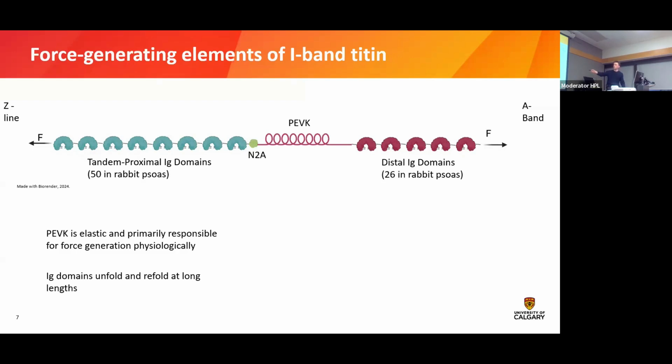These little things there represent a disulfide bond, and that's what is breaking when they're unfolding. So there's a disulfide bond that breaks apart, and that contributes length to Titin. You can think of this as kind of like a spring, and these like clasps that can come undone. I put the N2A region here. It's not extensible, so we don't need to worry about that to generate force.